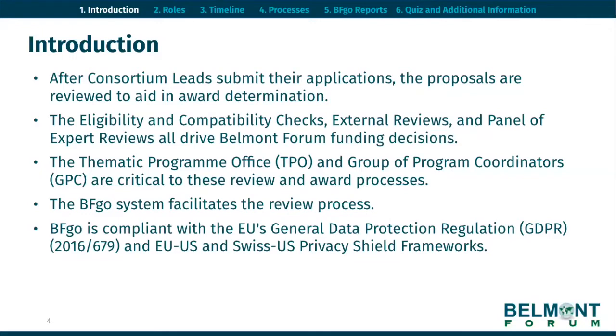The Thematic Program Office and group of program coordinators are critical to these reviews and award processes. The BFGO system facilitates the review process. BFGO is compliant with the EU General Data Protection Regulations, the GDPR, and EU-US and Swiss-US Privacy Shield frameworks.